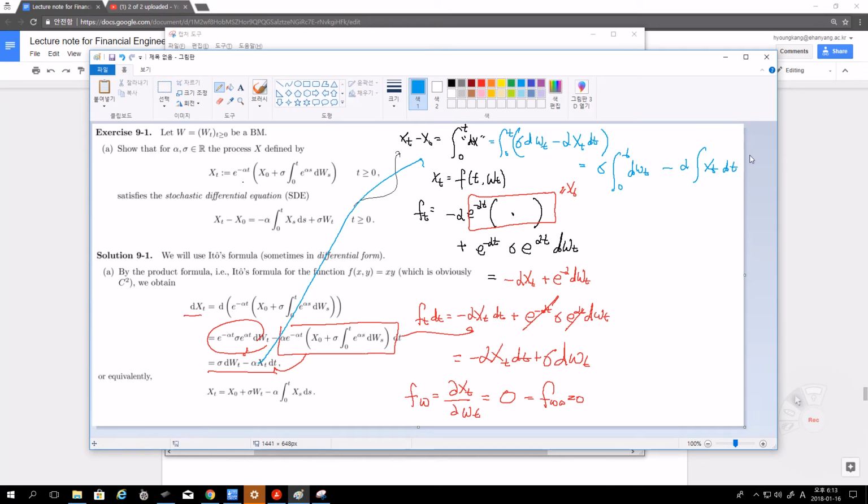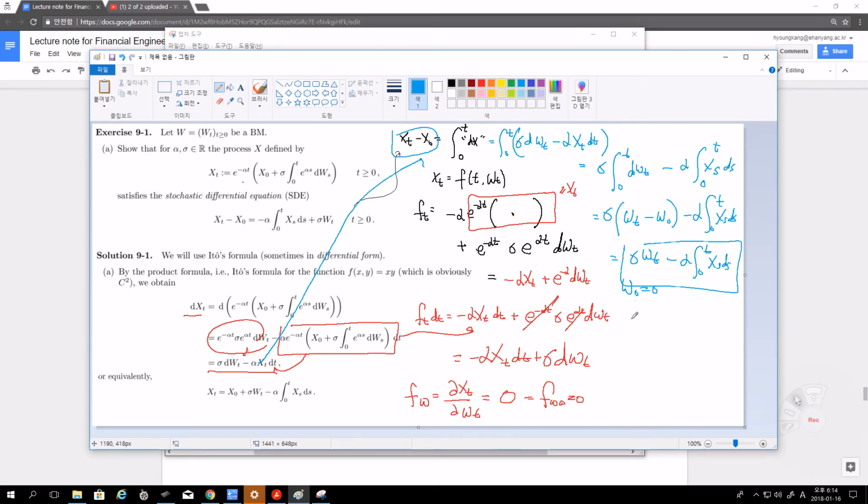Because we have the same t, let's write this one from 0 to t. Now this is sigma times the change of w, wt minus w0, minus alpha integral from 0 to t of x s ds. Now since w0, the starting point, is 0 in Brownian motion, we have sigma wt minus alpha integral from 0 to t of x s ds. Okay, so this one is same to this one.